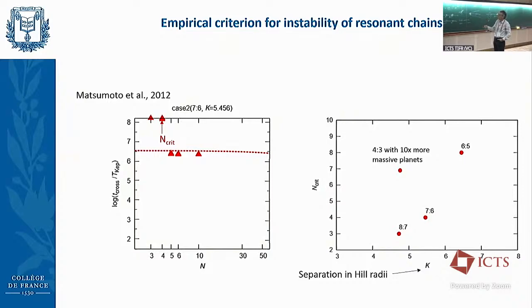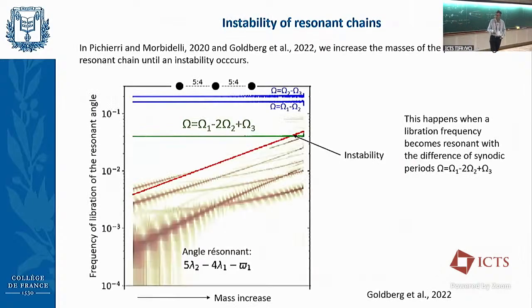So the separation is less than 5 mutual Hill radii, and the maximum number of planets you can put in the chain is 7. And then if you increase the masses of the planets even more, you go down. So this is a whole set of numerical simulations that give a clear empirical criterion of how long a resonance chain can be as a function of the planetary mass. And the question is to understand why.